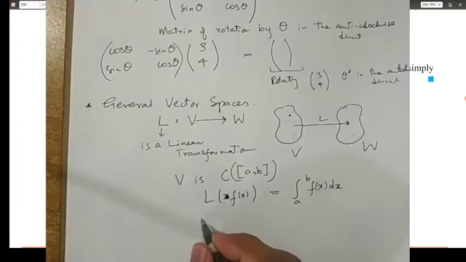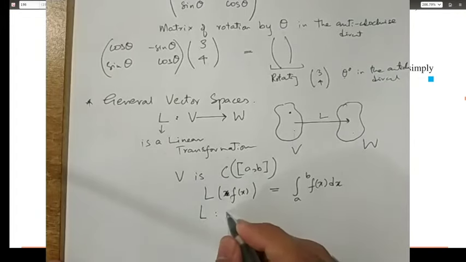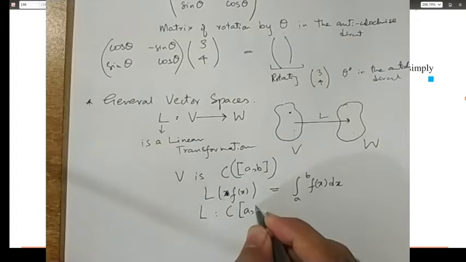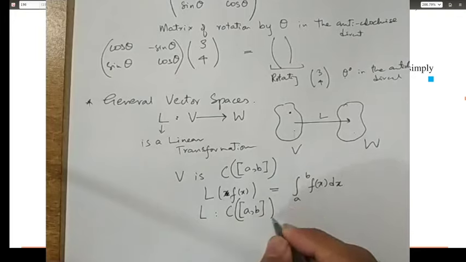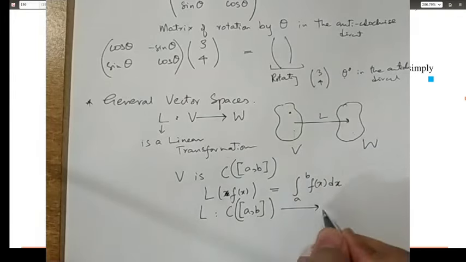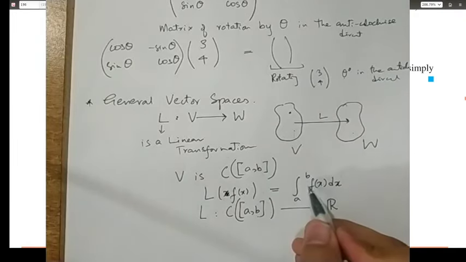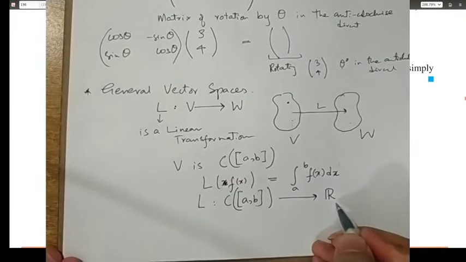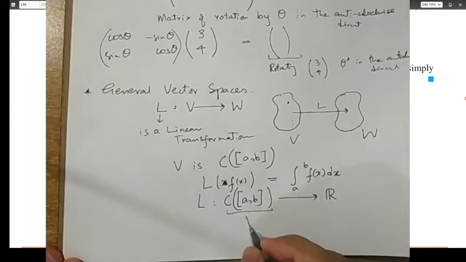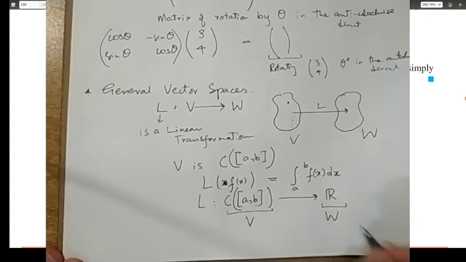So essentially L is a linear transformation from the space of continuous functions defined on the interval [a, b], mapping them onto some real number. The result of a definite integration is just a real number. So this is my space V and this is my space W.